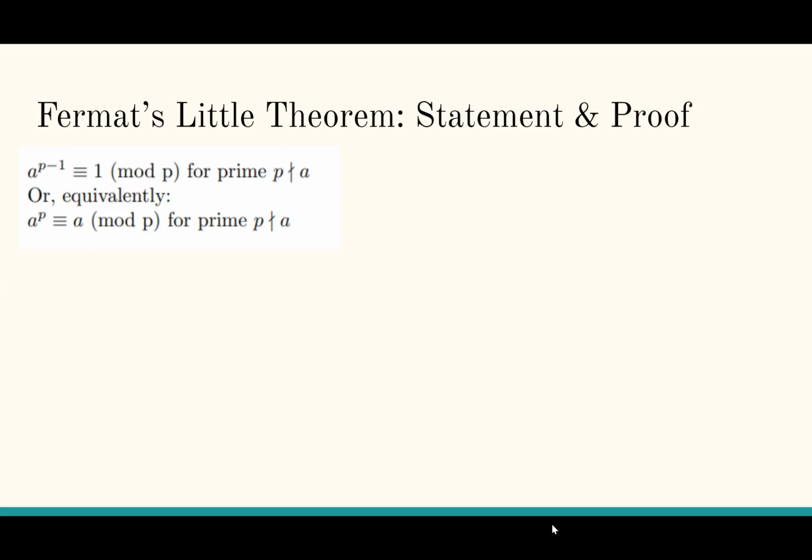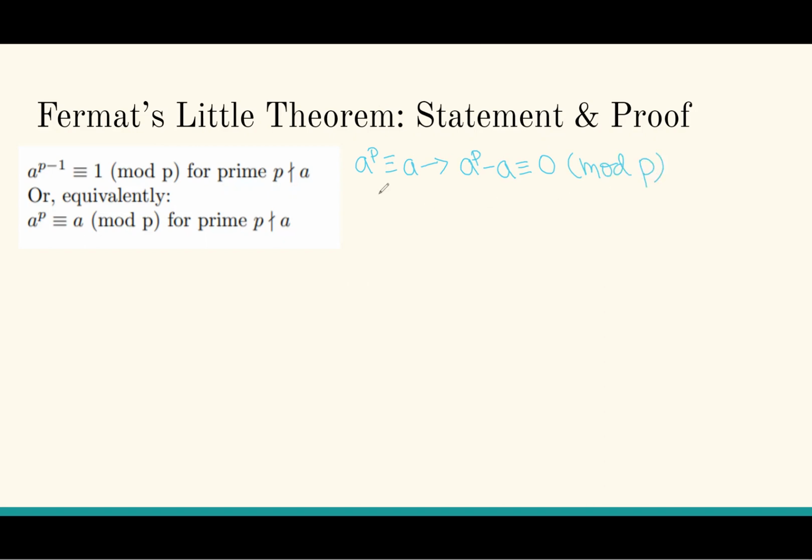So now we're going to do a quick proof of this. Firstly, if a to the p and a are equivalent, then we have that a to the p minus a is equivalent to 0, and both of these statements are modulo p.